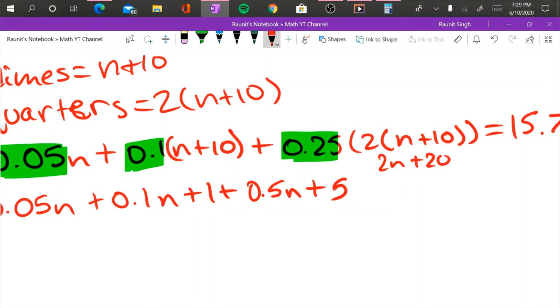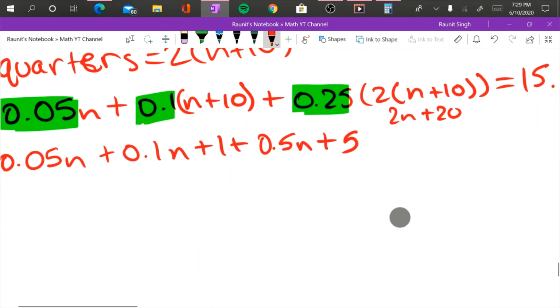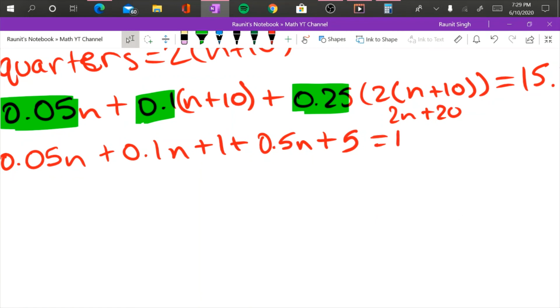You can just use that 0, bring the decimal over one place, and multiply like normal. Then it's equal to 15.75.